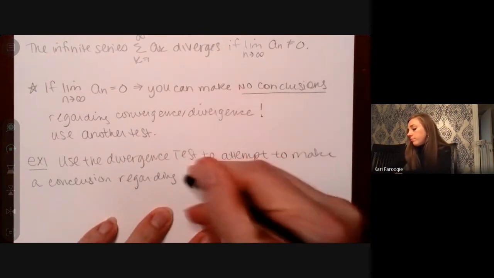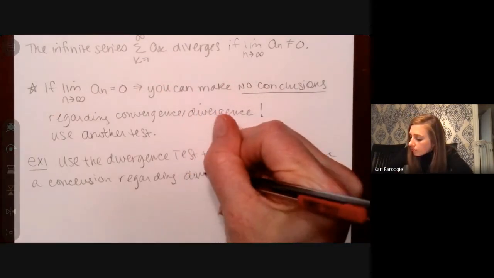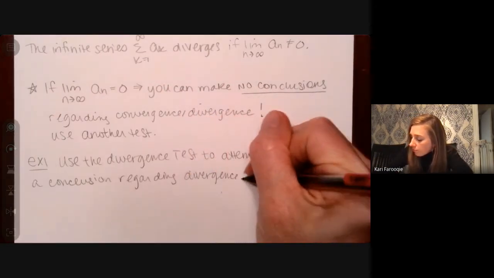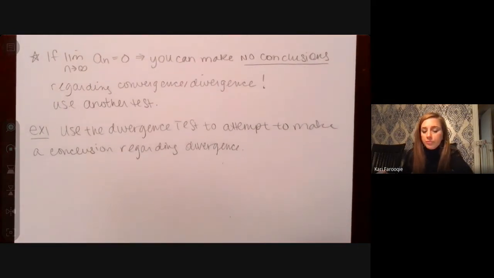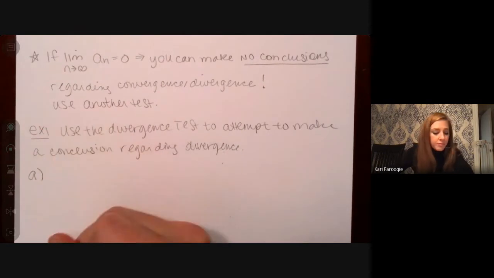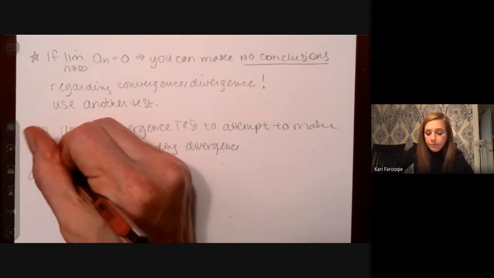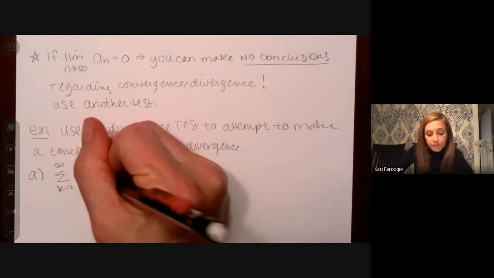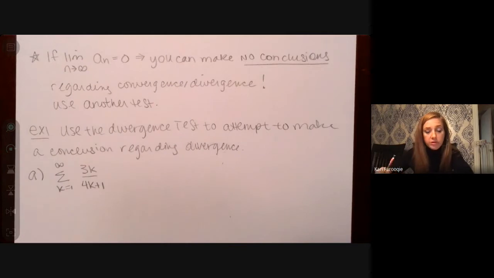I'm not going to make any conclusions regarding convergence. The first one is the series from 1 to infinity of 3k divided by 4k plus 1. This is not to the kth power. This is 3k over 4k plus 1.